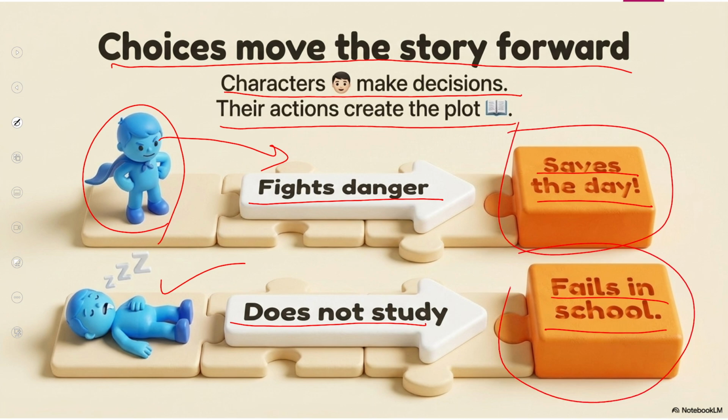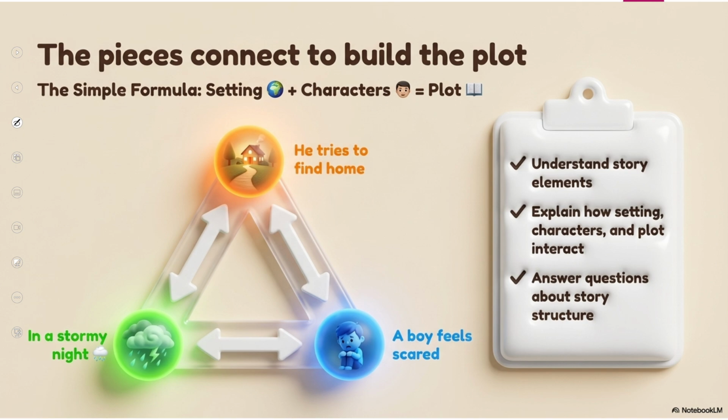Yes, now move ahead. The pieces connect to build the plot. The simple formula: setting plus characters is equal to plot. Yes, setting and characters when combined together, the plot is automatically constructed. He tries to find home. Look at this.